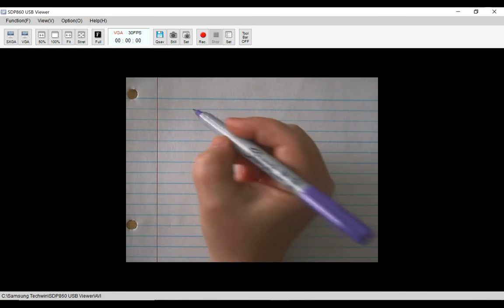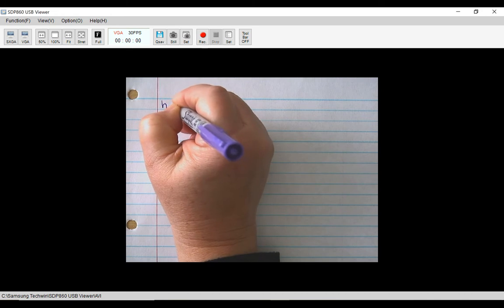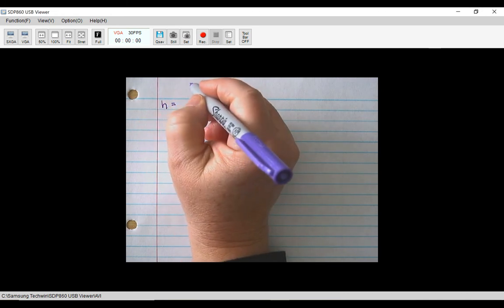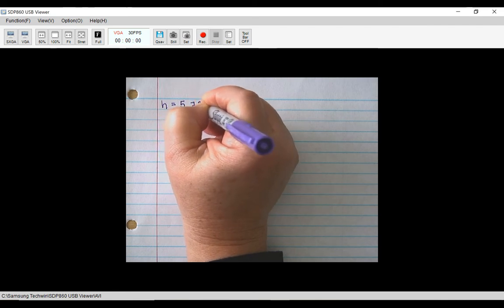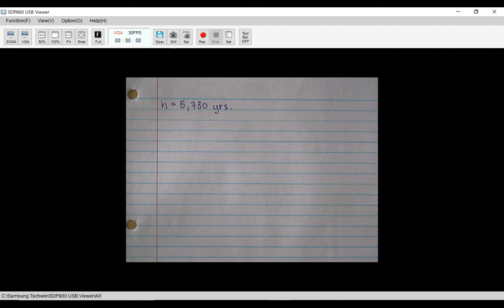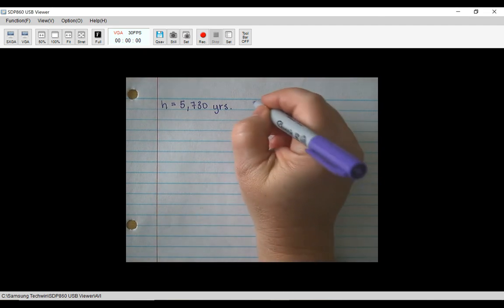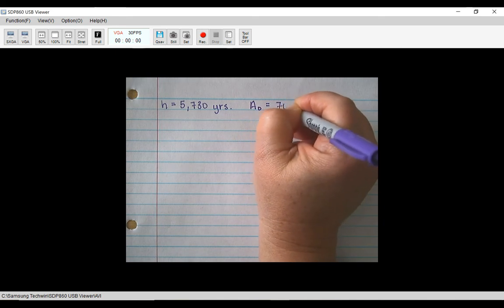Okay, let's go to our paper. And let's answer this. So what did we decide? We decided that the half-life for this particular substance, carbon-14, is 5,730 years. We know that the sample originally contained 70 milligrams.